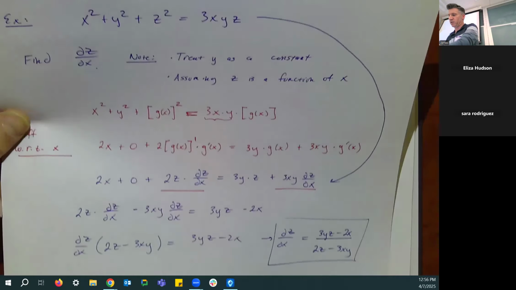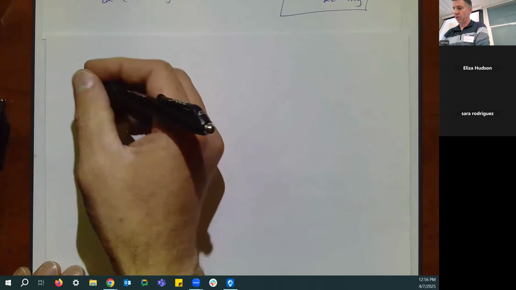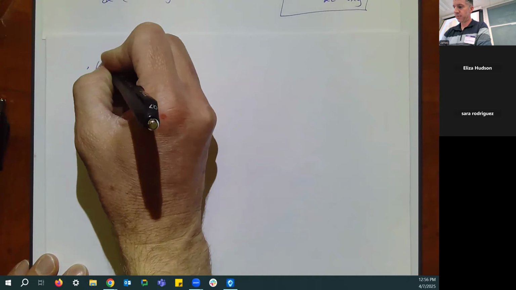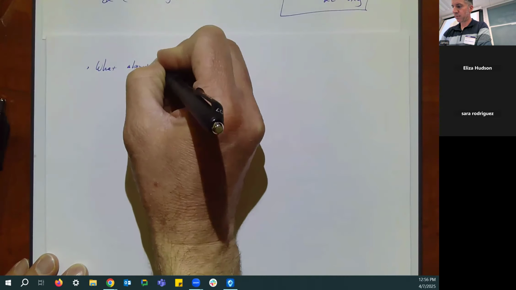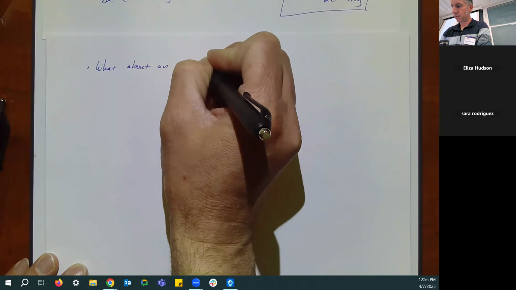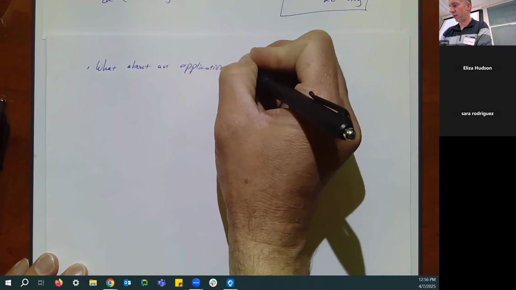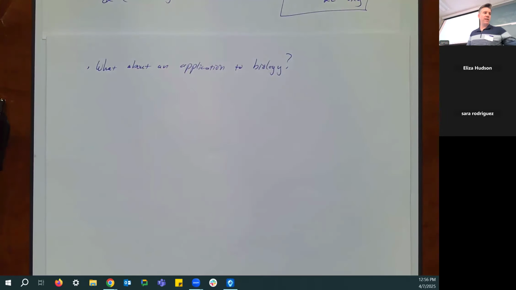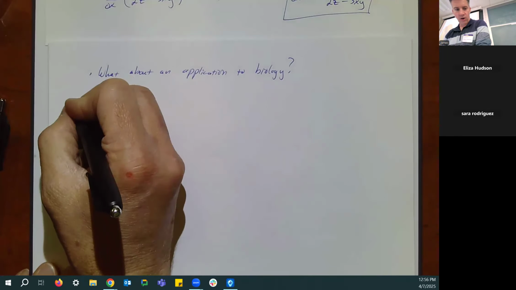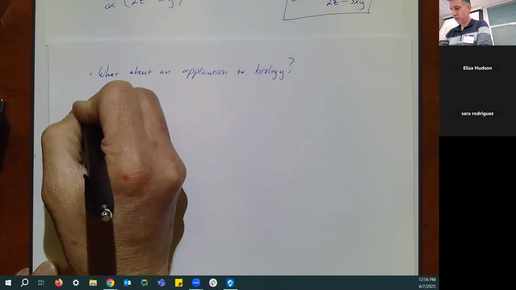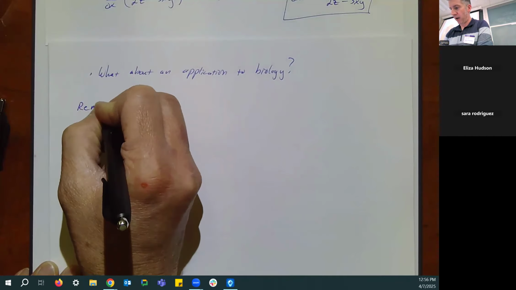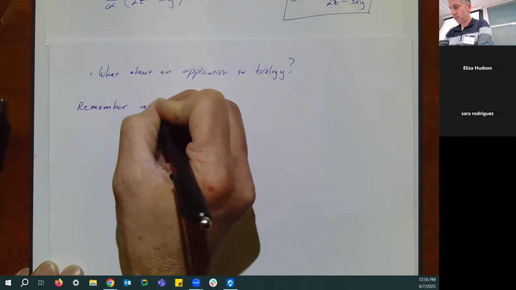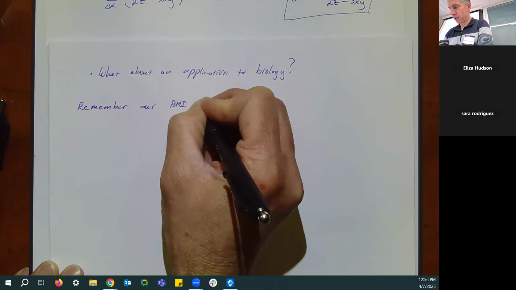So you might ask a question like, what about an application? Specifically to biology. Well, let's go back and look at the BMI index example.